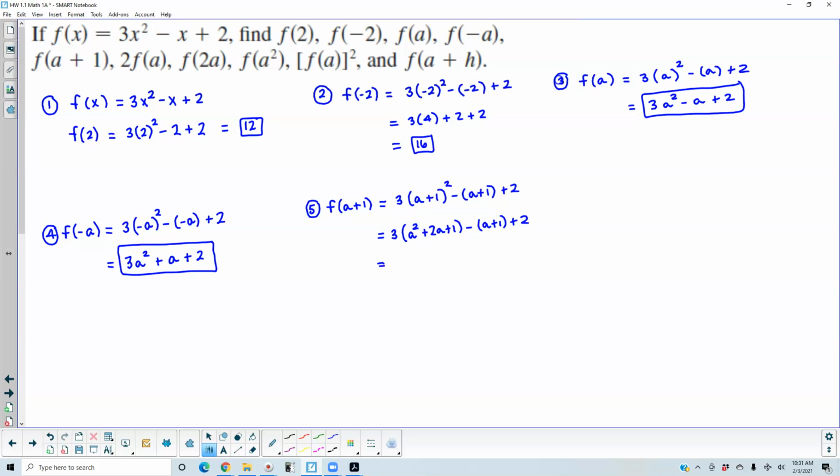And now we're going to distribute the 3 to get 3a squared plus 6a plus 3. We're going to distribute the minus sign, so that's minus a minus 1 plus 2. So we get 3a squared, 6a minus a is plus 5a, plus 3 minus 1 is 2, plus 2 is 4.